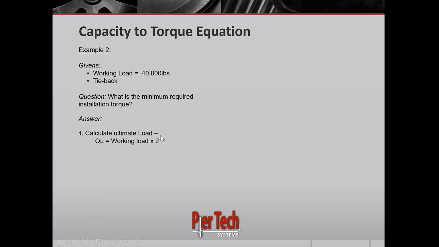Remember, 2 is the typical safety factor for the 2 7/8, or for the small diameter helical pier. So we've got our working load is 40,000 pounds times 2 equals 80,000 pounds. So 80,000 pounds is our absolute maximum ultimate load requirement for this project.